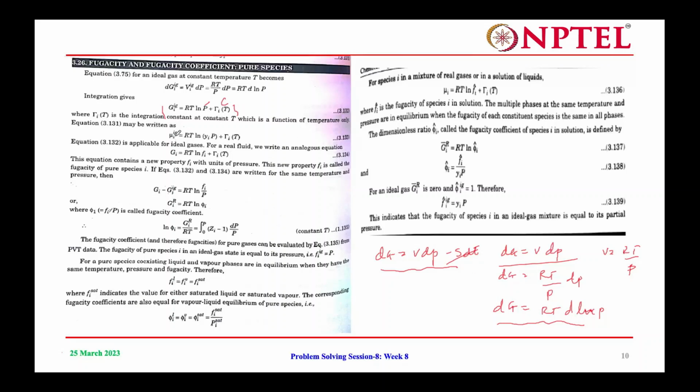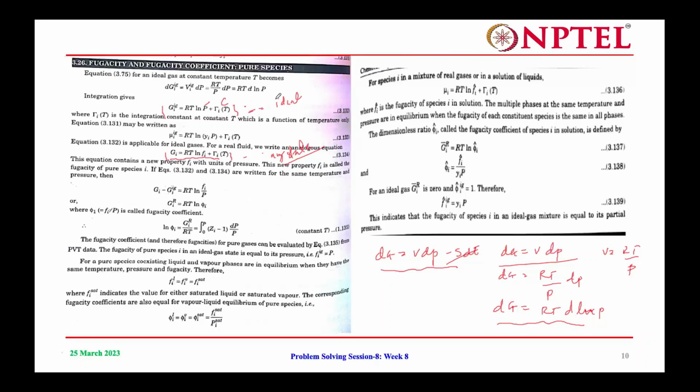So here mu i ig is equal to RT ln Pi plus constant term. This equation is for the ideal conditions, and this one is for any state, right? The unit of fugacity equals the unit of pressure, right?